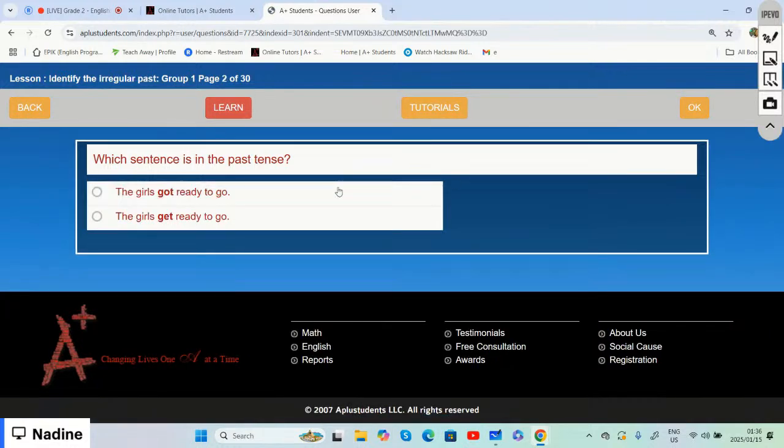It says which sentence is in the past tense? Do you say the girls got ready to go, or do you say the girls get ready to go?